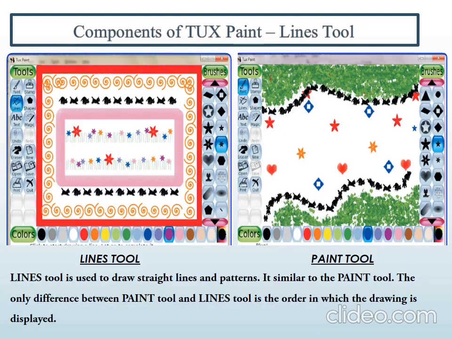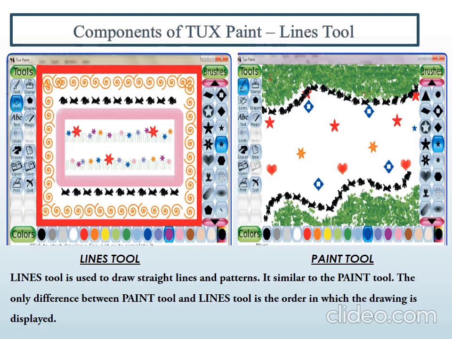Next, the line tool. Now we have two toolboxes, which, as I told in the beginning, are paint and line. It is similar. On my first picture, you can see the line tool, the pattern of the line tool and how it is done. Line, what is a line?